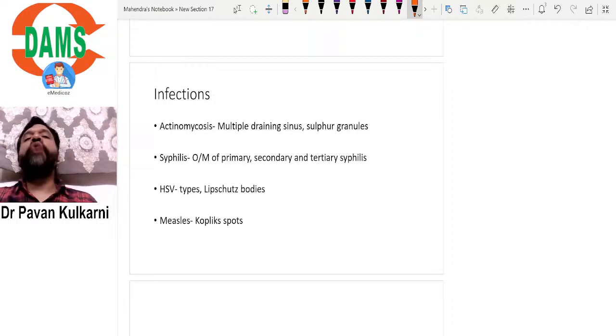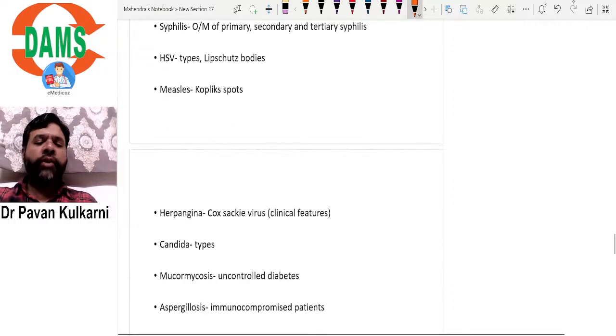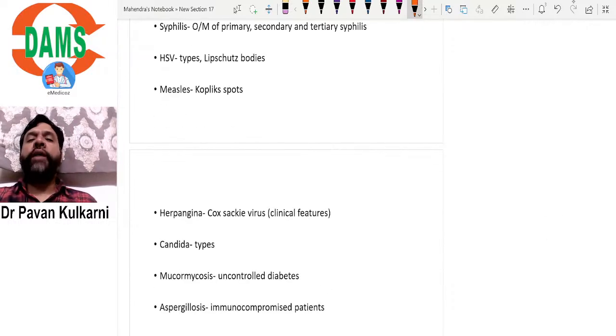We are also supposed to know about HSV, that is herpes simplex virus, various types. About the Lipschutz bodies that you see, that is intranuclear inclusion bodies that you see in case of HSV. We are also supposed to remember about the Koplik spots that you see in case of measles.